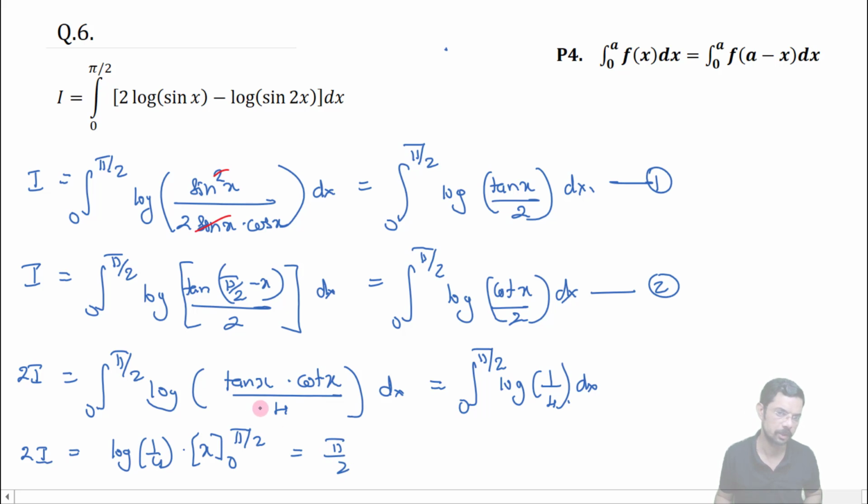Log of 1 by 4 can be written as log of 1 by 2 the whole square, and the 2 can be written in front, so we get 2 into log of 1 by 2. You can cancel this, and this implies that I will be equal to pi by 2 into log of 1 by 2.